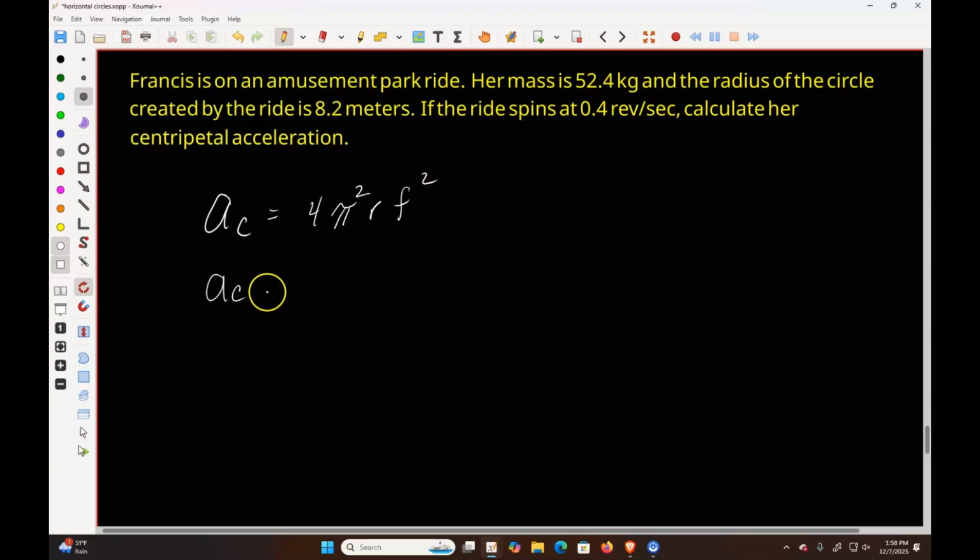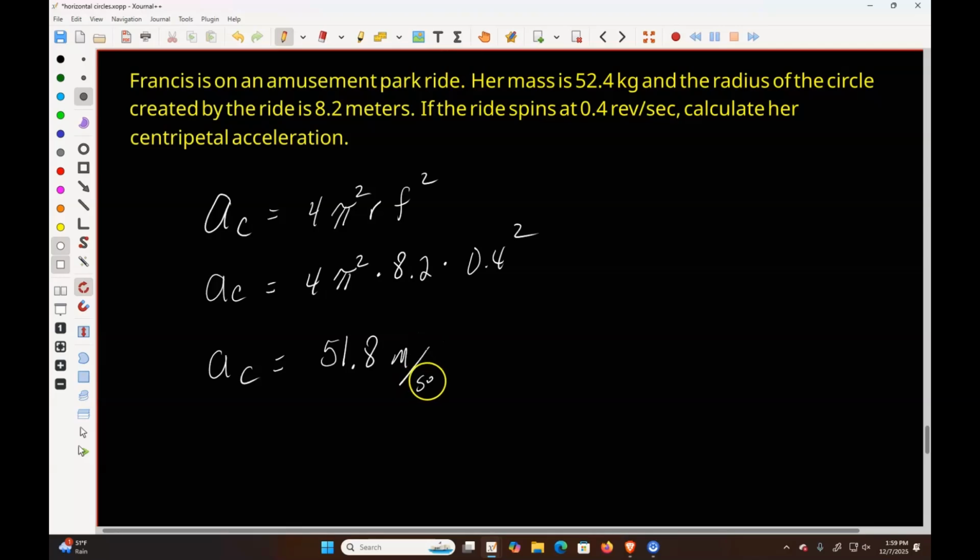So centripetal acceleration is equal to 4 pi squared times the radius of 8.2 meters, and the frequency is going to be 0.4 squared. So the centripetal acceleration is 51.8 meters per second squared.